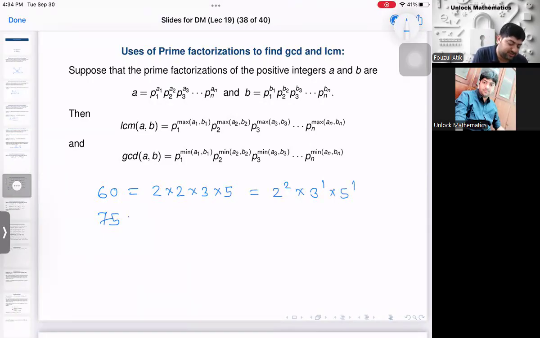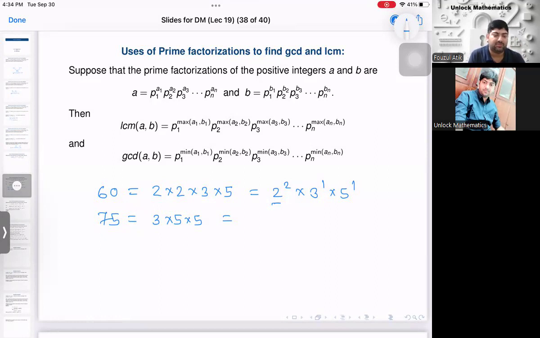What is the prime factorization of 75? It is 3 into 5 into 5. But I need both of them to have the same prime factors. I have 2 available here, but 2 is not a factor of 75.